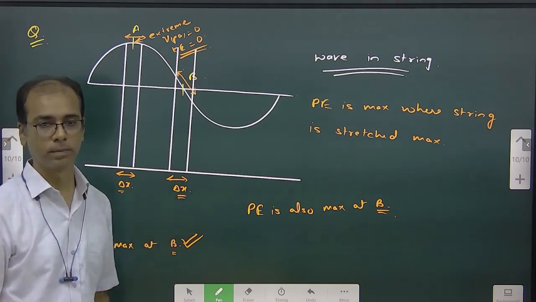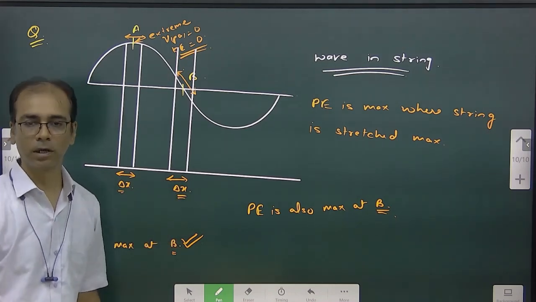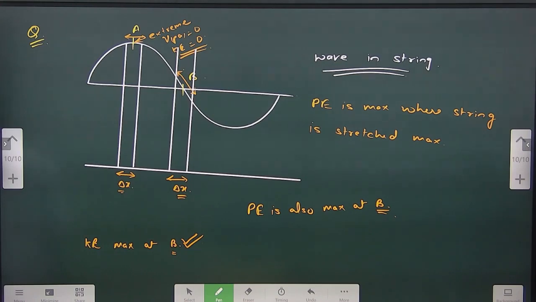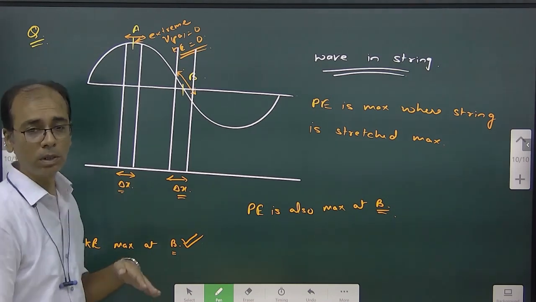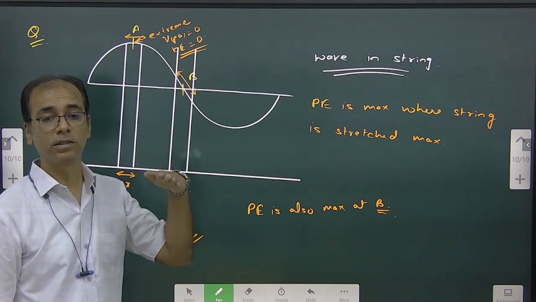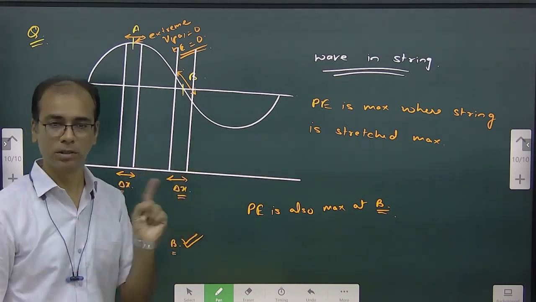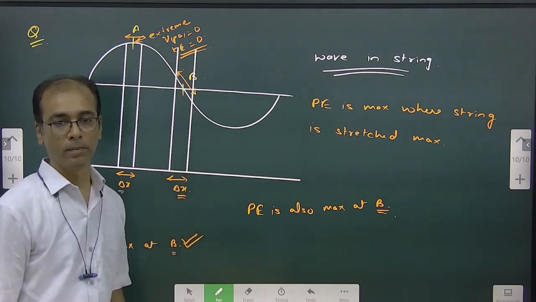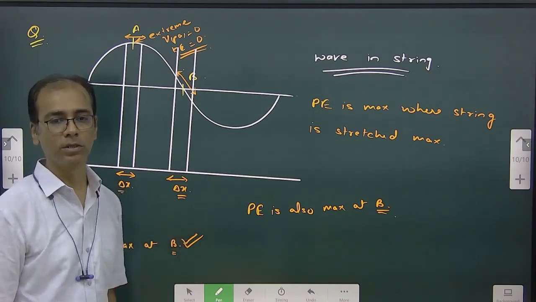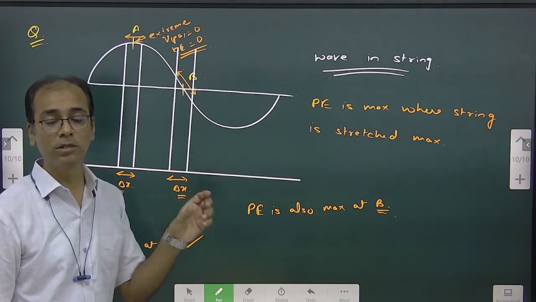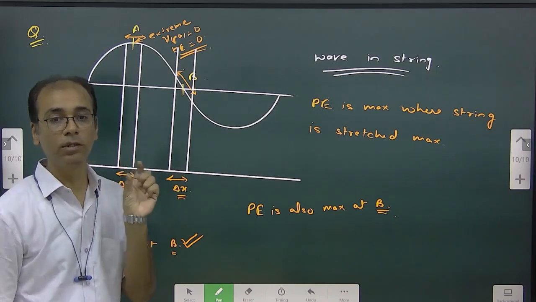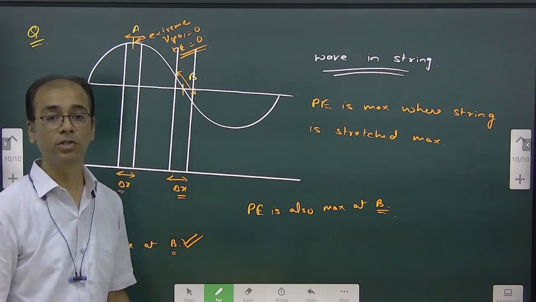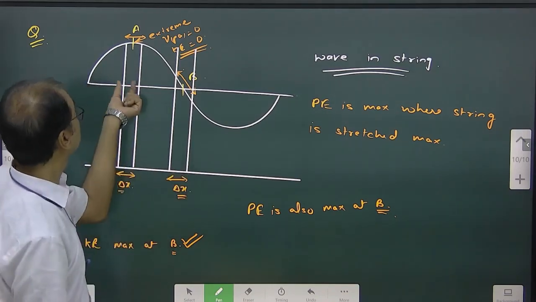Waves in string. Remember that. Is it clear? Yes. Note it. Always remember, when we talk about waves in string, it is not about particles' kinetic energies converting into particles' potential energy. No. It is particles' kinetic energy and potential energy associated with the change in length of string. Where stretch is there? Here there is almost no stretch.